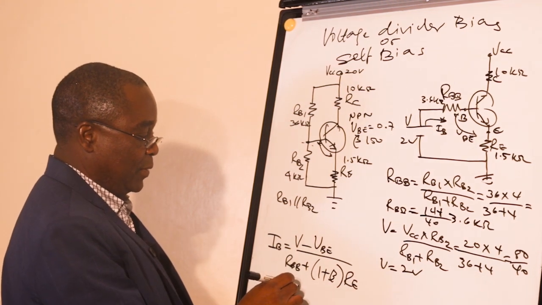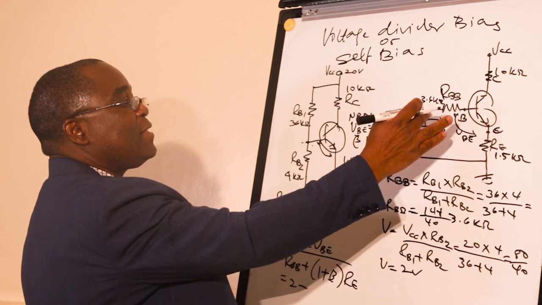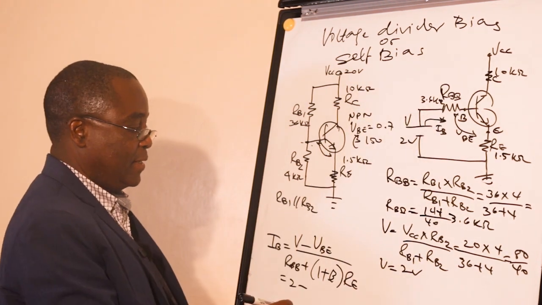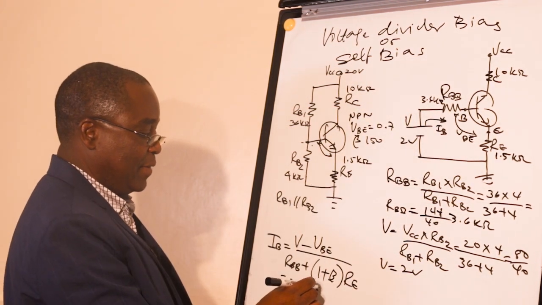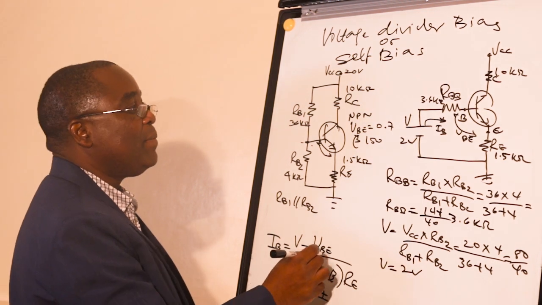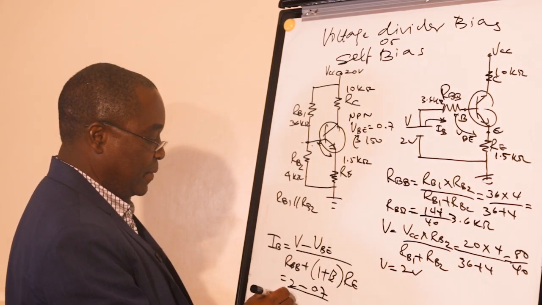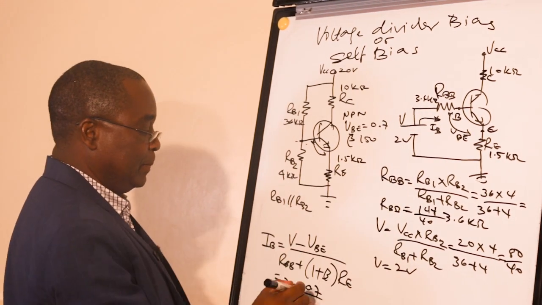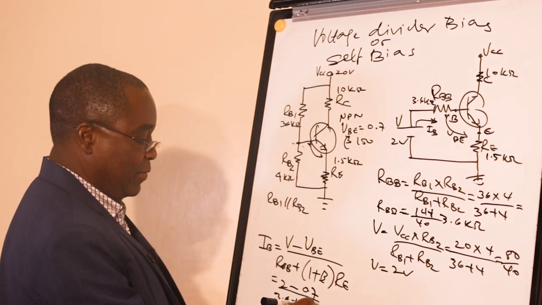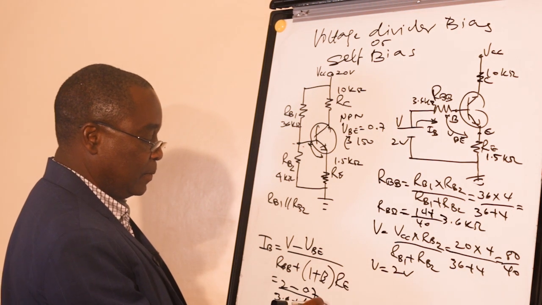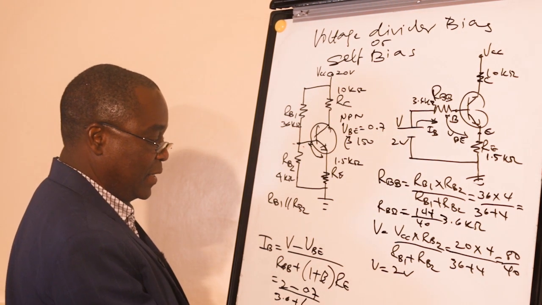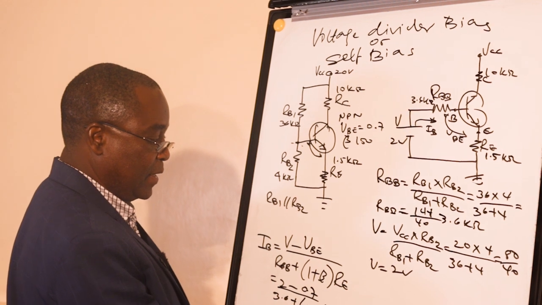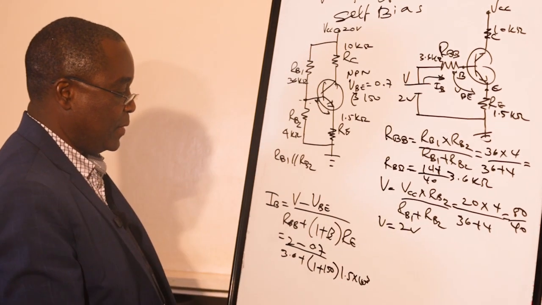Our V is 2, our VBE is 0.7 because this is a silicon transistor, over RBB which is 3.6, plus 1 plus beta. The beta is 150, so it's 1 plus 150, times RE, which is 1.5 times 10 to the power 3. This is kilo, 1.5 kilo ohms.